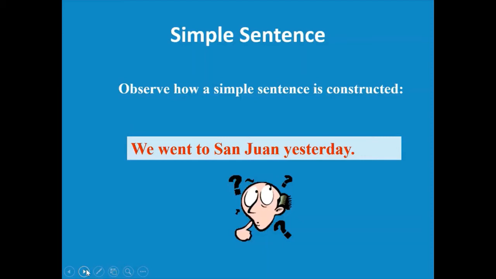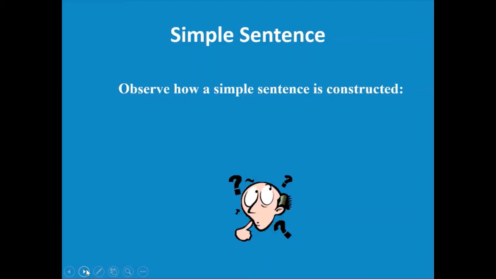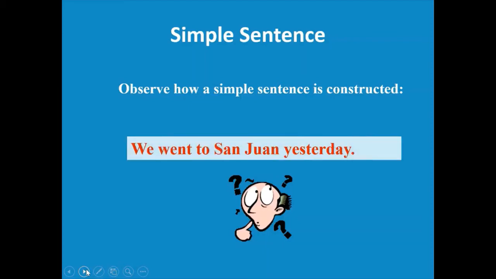In this sentence, went is the action, San Juan is where they went, we is the subject, and San Juan is the object, because went is the action verb, which means predicate. So this is a simple sentence.